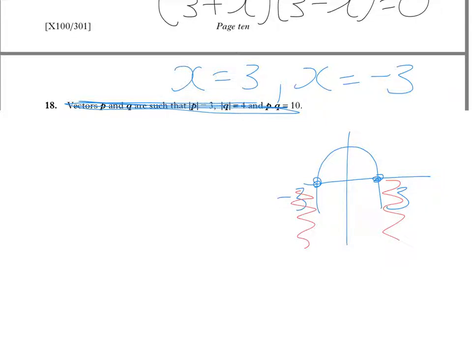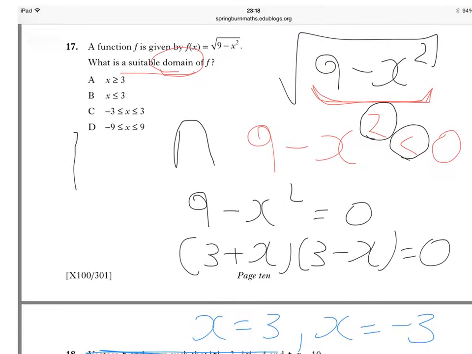So what would be okay then is when it's equal to 0 or greater than 0. So we would say a suitable domain would be up here, so that's between and including minus 3 and 3. And that is option C.